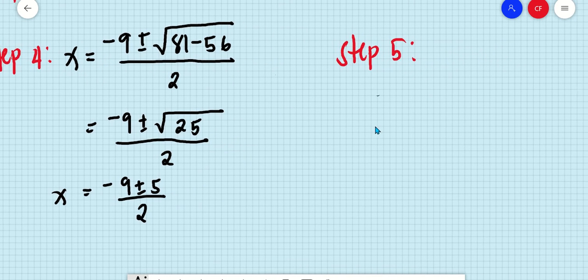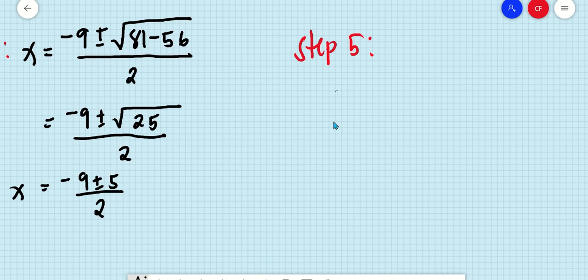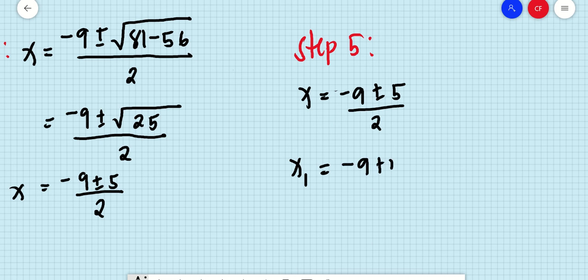Okay? So, sa step number 5, again, sulat lang po natin yung x equals negative 9, positive negative 5 all over 2. Again, x sub 1 natin, gagamitin muna natin yung negative 9 and positive 5 all over 2.